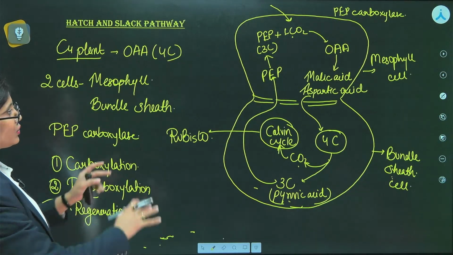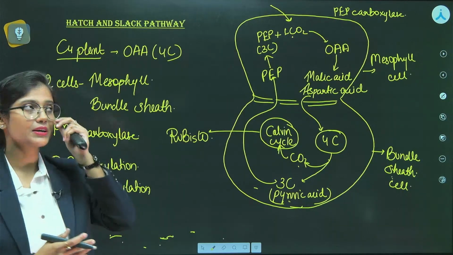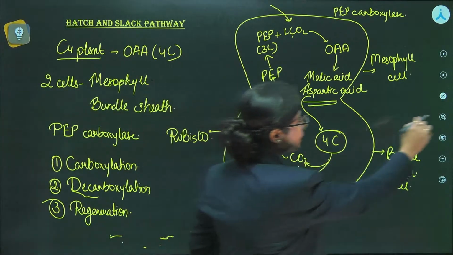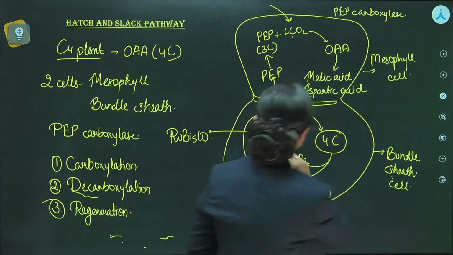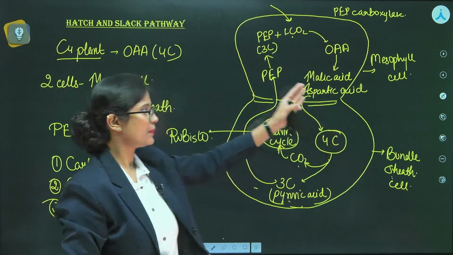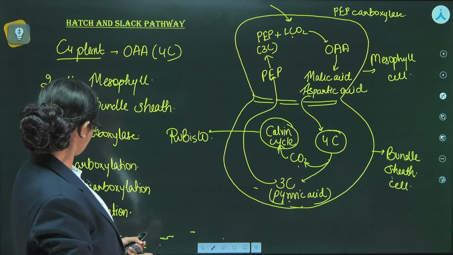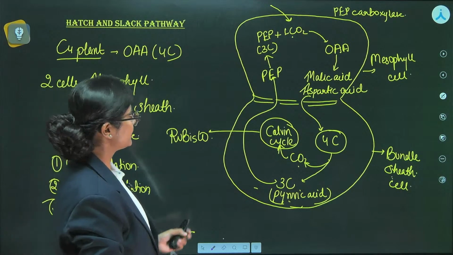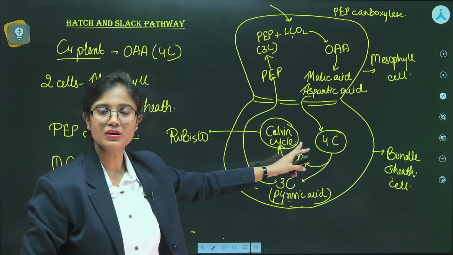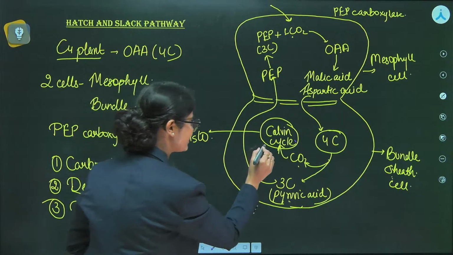Like this. Now if we talk about the total amount of energy and assimilatory power used, the Calvin cycle is already taking place here. Along with that, one more pathway is taking place, that is fixation of CO2 into the 4 carbon compound and then transporting it to the bundle sheath cell. So how many ATP are required here? 3 ATP are already utilized in the Calvin pathway taking place in the bundle sheath cell.